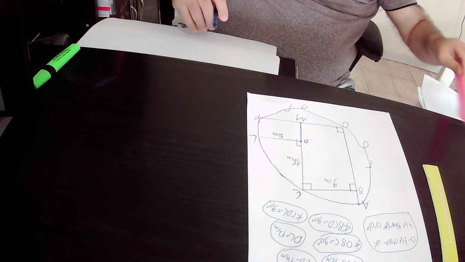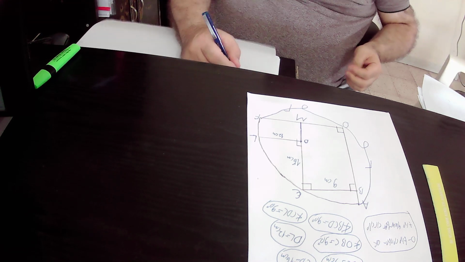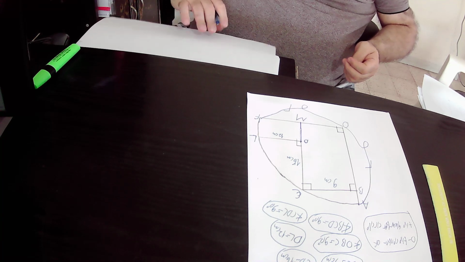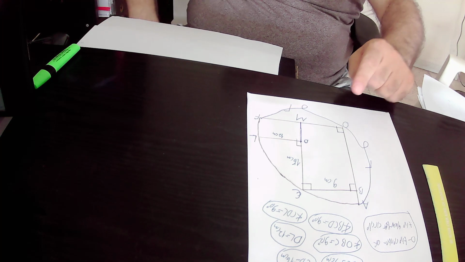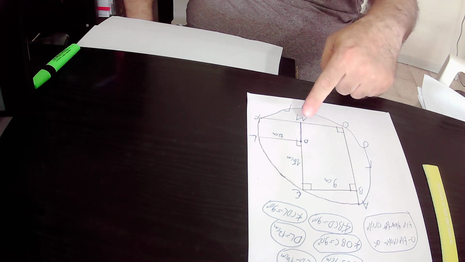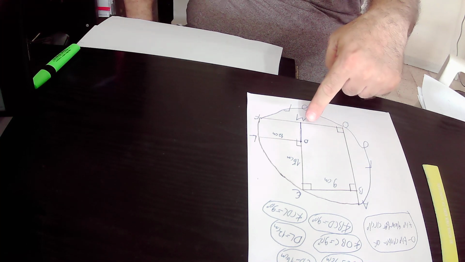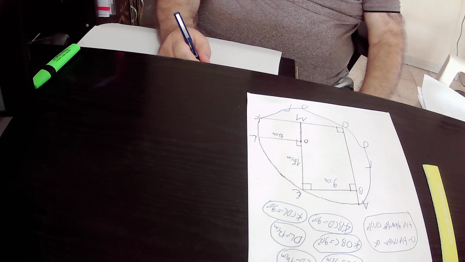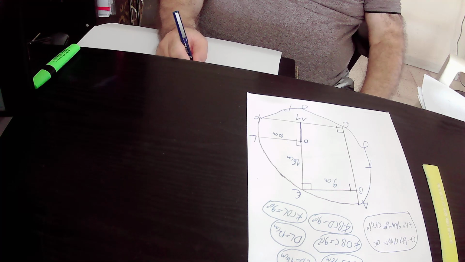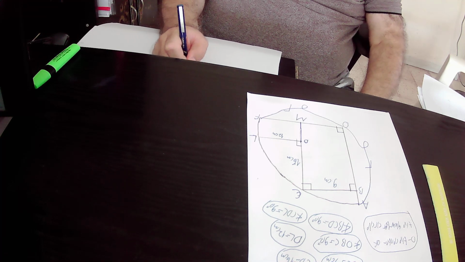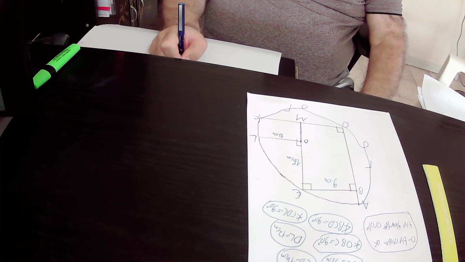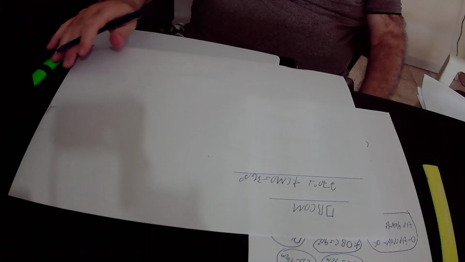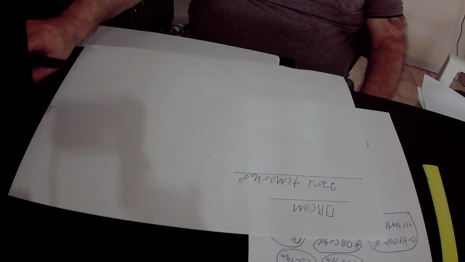The sum of 3 right angles is 90 times 3, which is 270 degrees, plus the size of the fourth angle, angle CMO. In total, the sum of those 4 angles must be equal to 360 degrees, according to the rule that the sum of the angles in any quadrilateral is equal to 360 degrees.